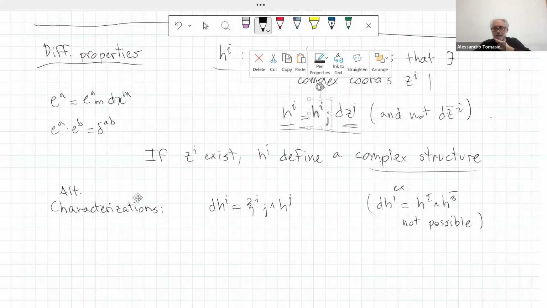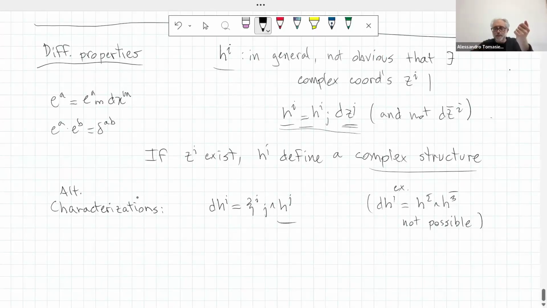take d of this, you will get dhij wedge dzj, but the dzj are proportional to dhi again. They are h minus 1 times hi. So basically you will get something like dh h minus 1, sorry, schematically, if you consider h as a matrix, okay? You will get something like dh h minus 1 h again. So you will always need to have at least one h. You cannot have a situation where they're all bars, basically because you will not destroy this guy.